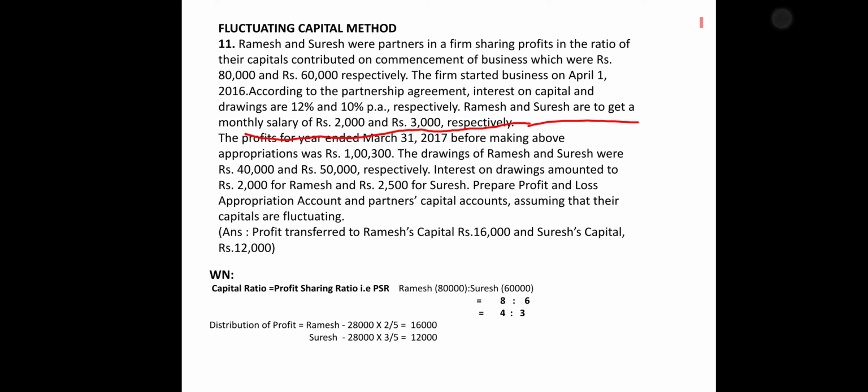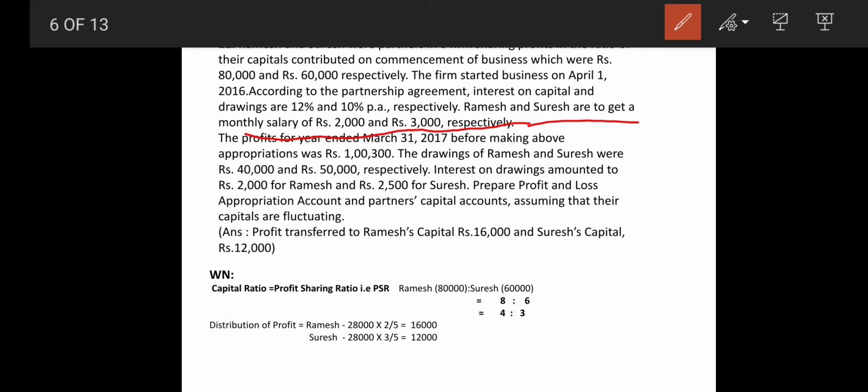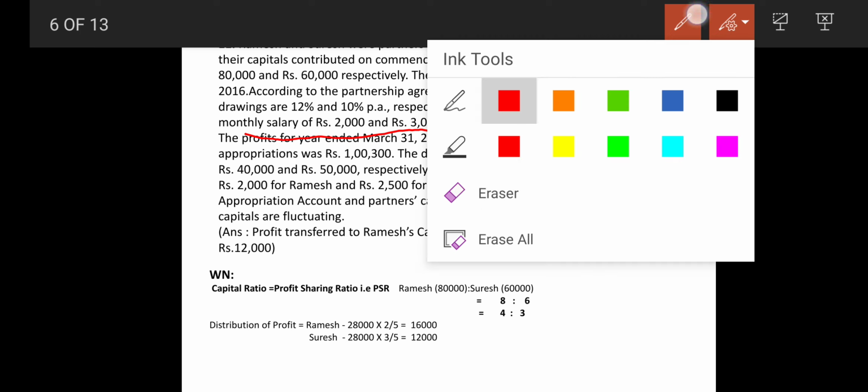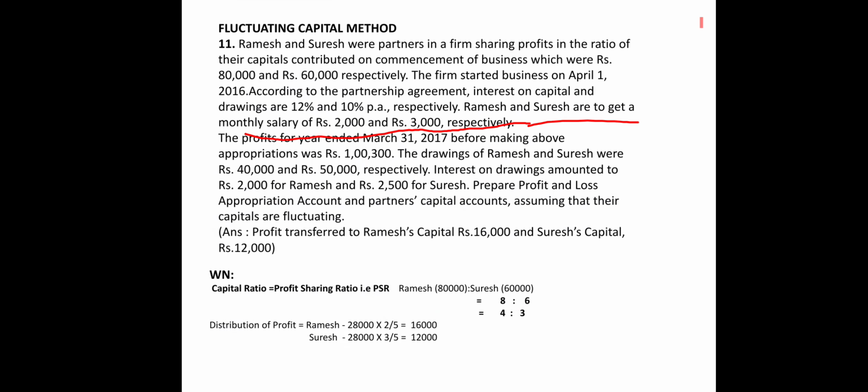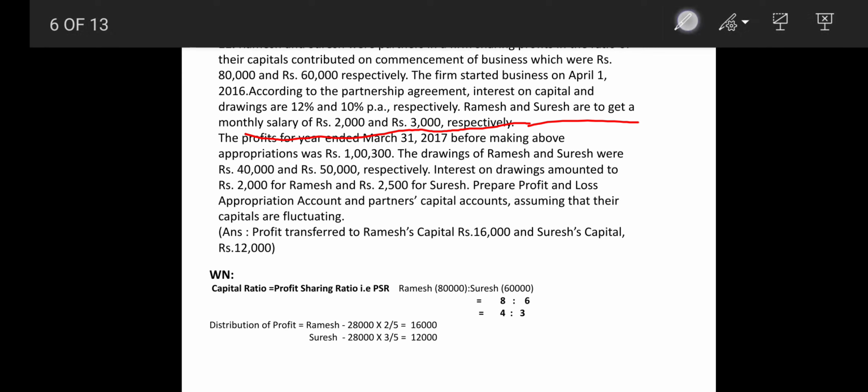Now before starting the sum, there was one statement which I have not much highlighted, but now we will highlight it. They had mentioned in the sum that Ramesh and Suresh are partners and their profit sharing ratio is according to their capital contribution.